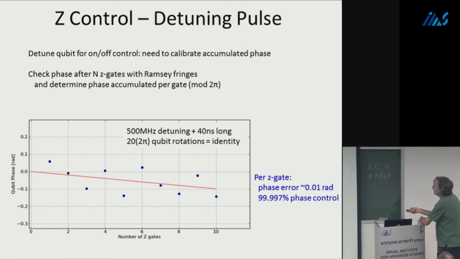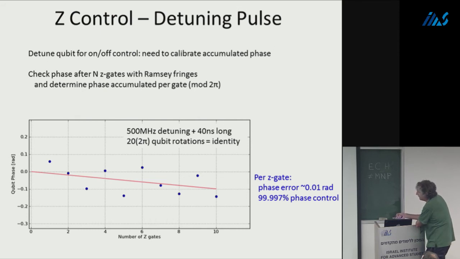Okay. In this experiment we take a qubit and do a 500 megahertz detuning on a 6 gigahertz qubit. That's a 10% change in frequency for 40 nanoseconds long. So it's 2 nanoseconds, 40, that's 20 2 pi qubit rotations. And we tune it up so it's exactly 20 to be the identity. Now how do we know it's identity?